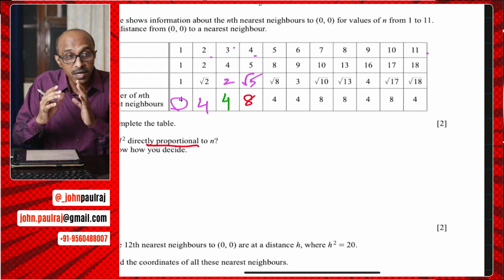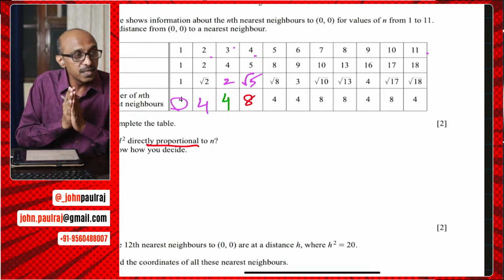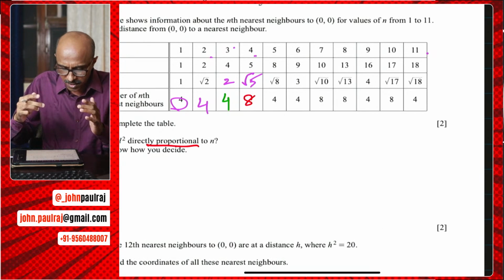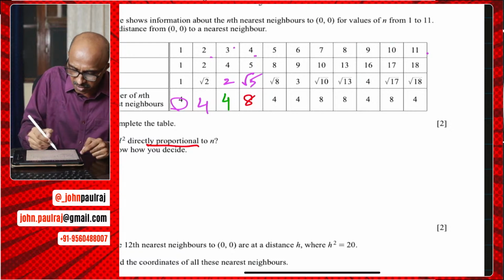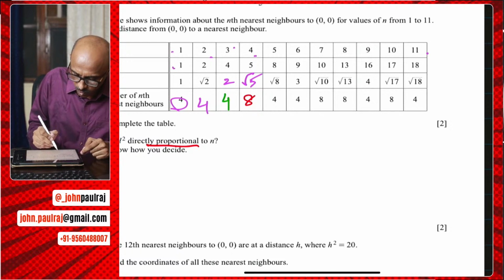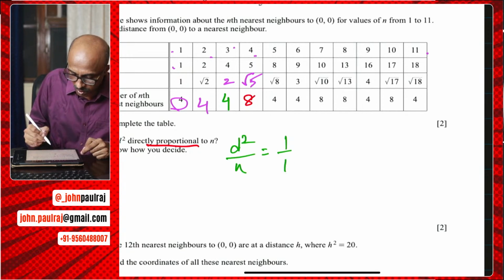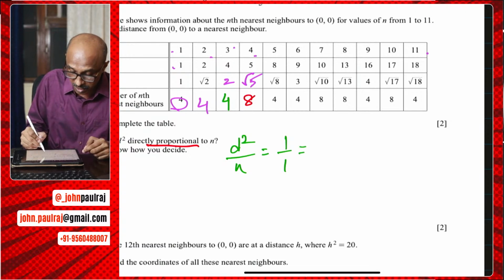The other way to show whether they are directly proportional is taking the ratio of corresponding terms. So let's take the ratio of d square over n. For the first comparison, that's 1 over 1. The second one is 2 over 2.